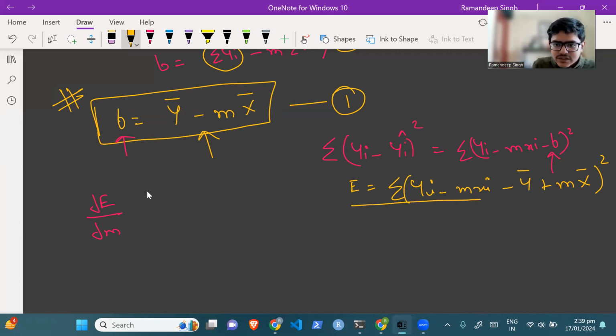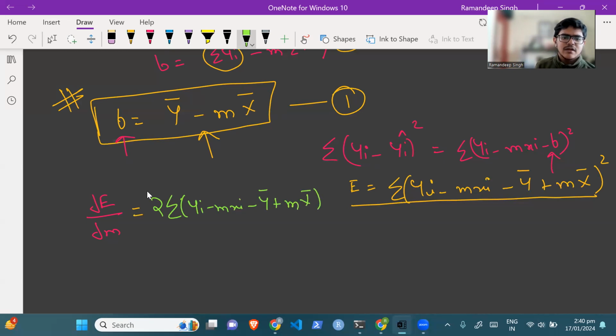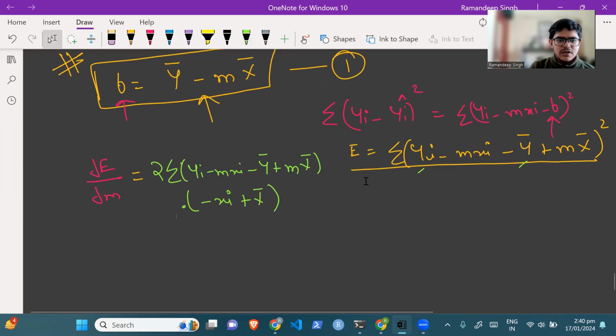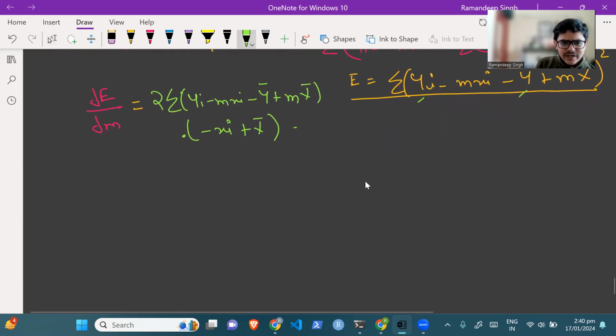So when I partial differentiate this function with respect to m, what I will get is 2 summation this whole term as it is, minus mxi minus y bar plus mx bar, multiplied by this term, this will cancel out. I will get minus xi from here, and this will cancel out, and I will get plus x bar. This is in multiplication. Okay, so now we move ahead, and I put it equal to 0.